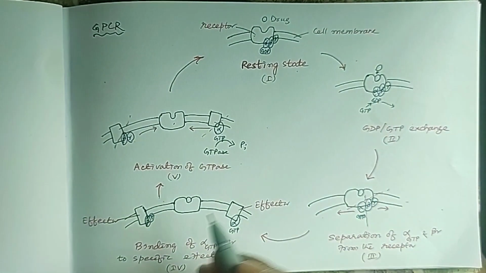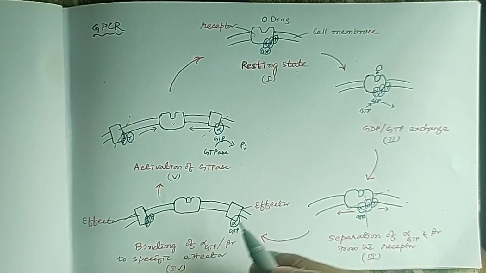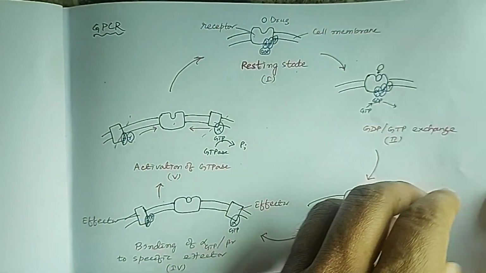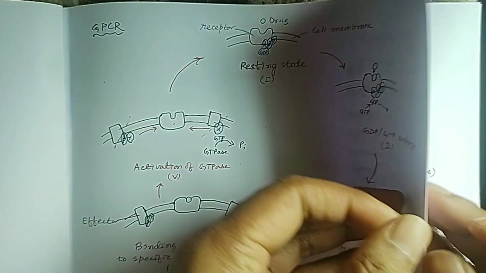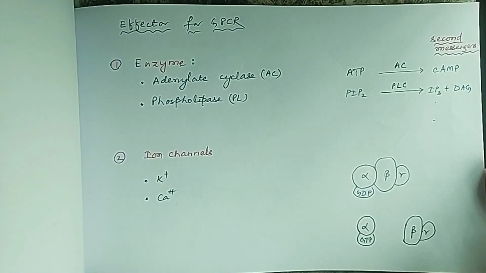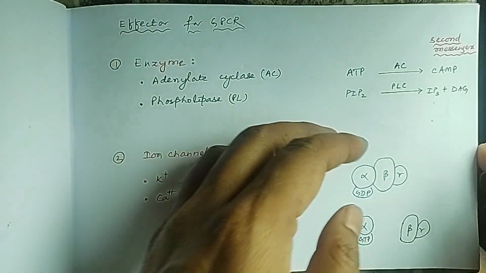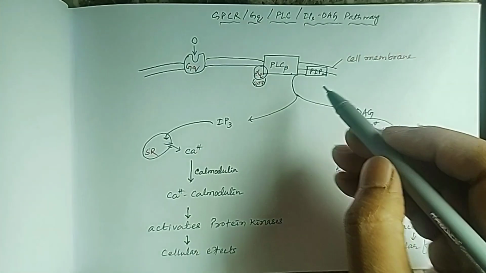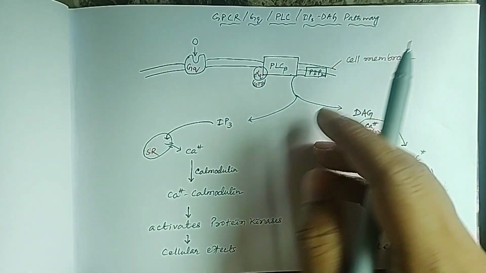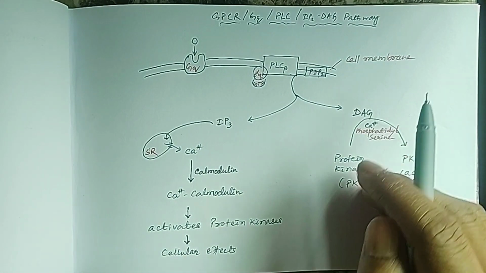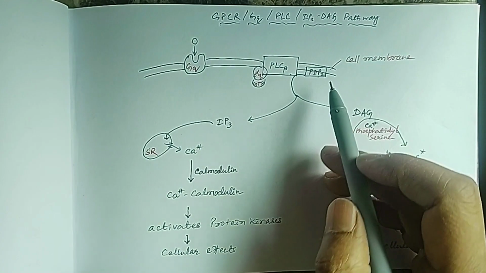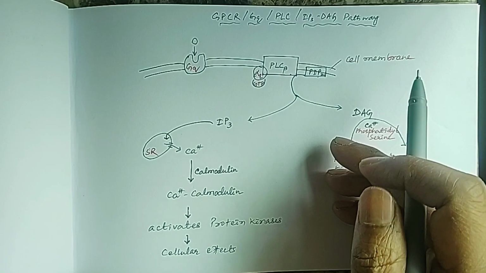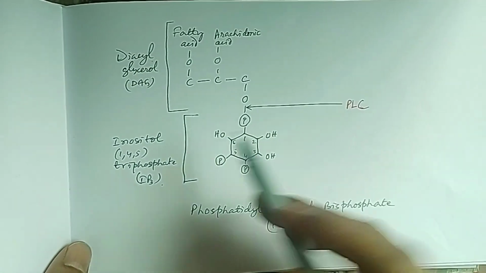When it is Gq type G protein coupled receptor, the effector is phospholipase C, and the target is phosphatidyl inositol diphosphate. Phosphatidyl inositol diphosphate, PIP2, is located on the cell membrane, and its structure is like this.